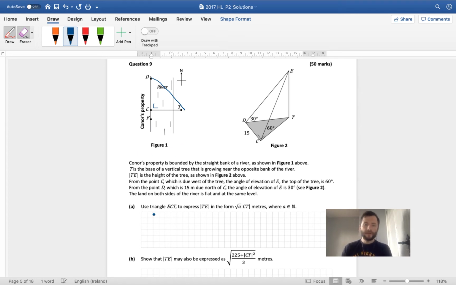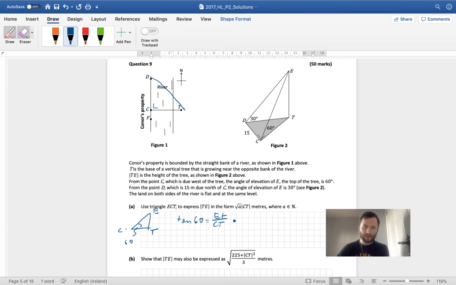Anyway, use triangle ECT to express TE in the form root A of CT. So in this case, I guess we need to take a look at this angle here, angle 60 degrees. If I just redraw this triangle, so this is CT, this is C, this is T, and this is E, and this is 60. So tan 60 is the same as ET over CT.